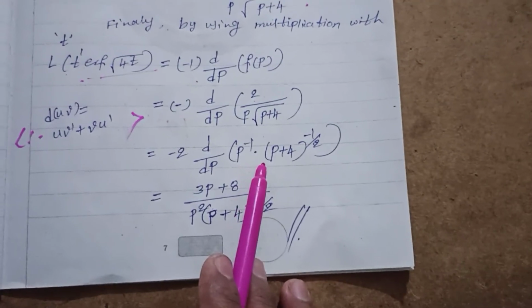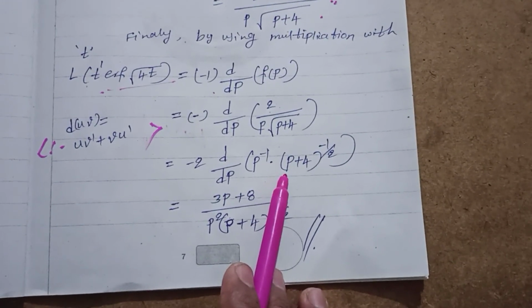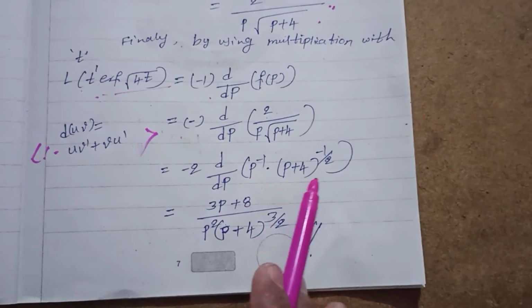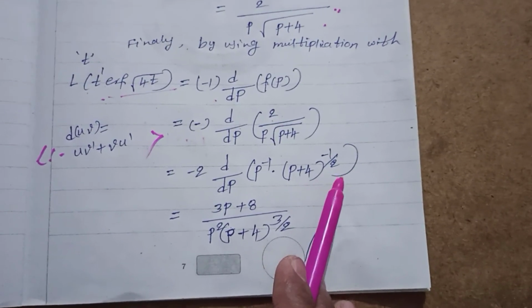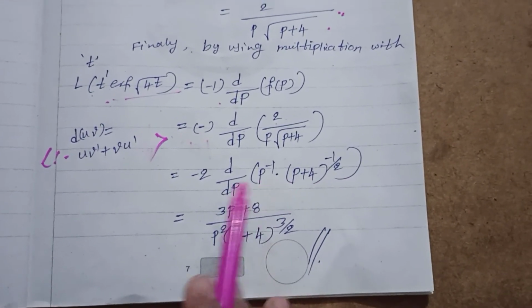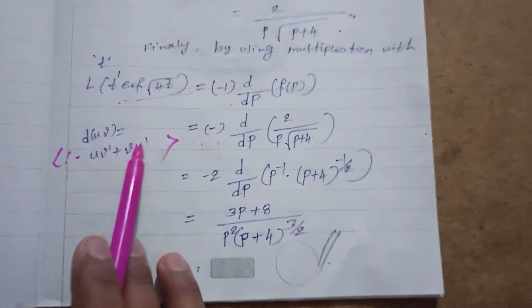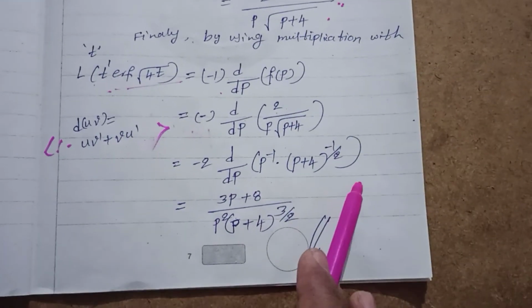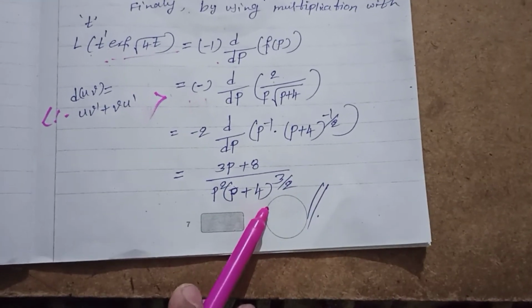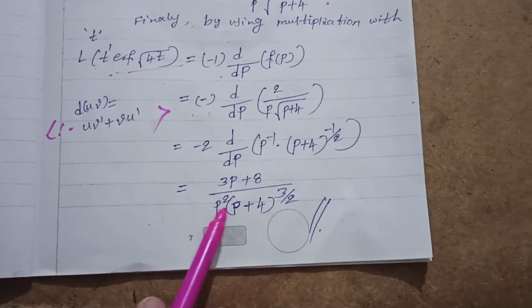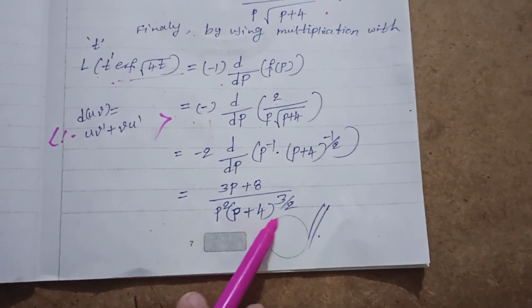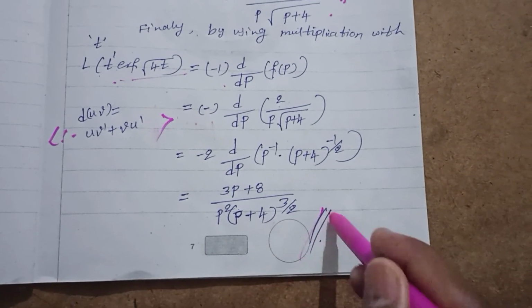Here p inverse is one term, and p plus 4 whole power minus 1 by 2 is another term. By using the UV dash plus VU dash formula, if you solve this, we will get the result 3p plus 8 by p square into p plus 4 whole power 3 by 2.